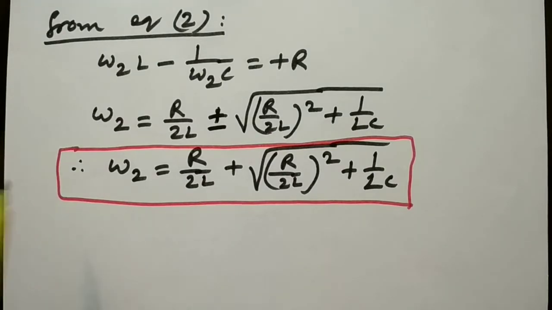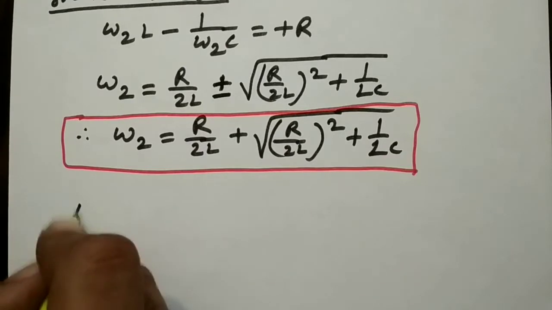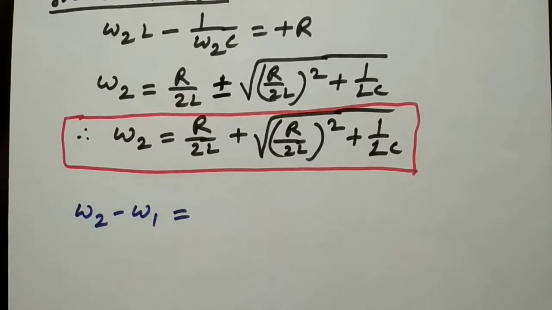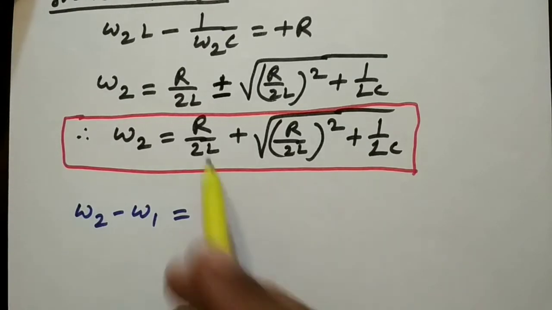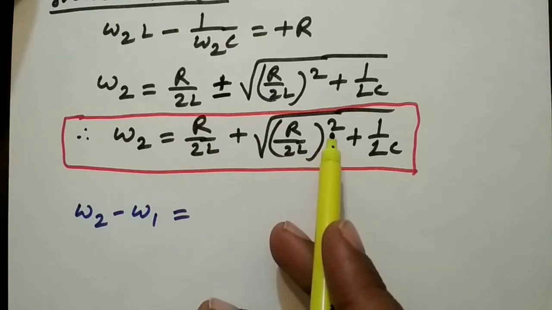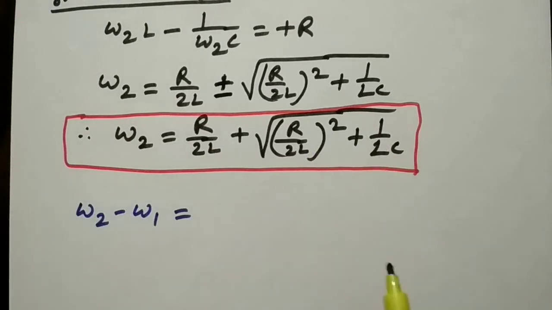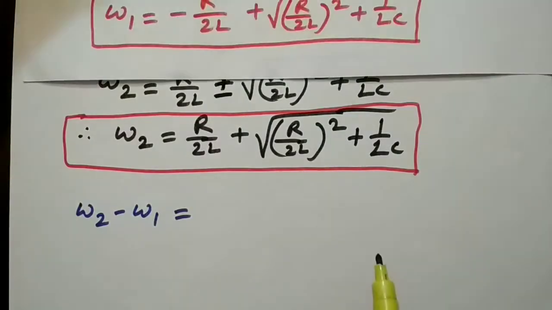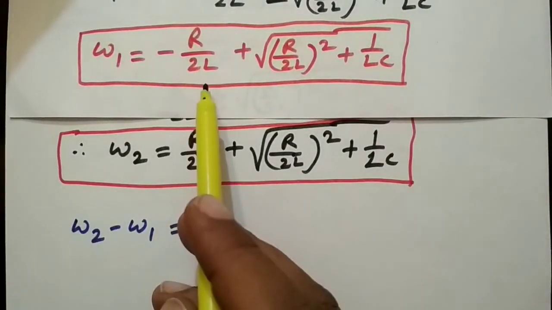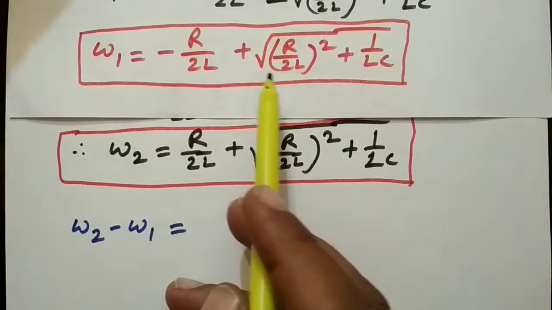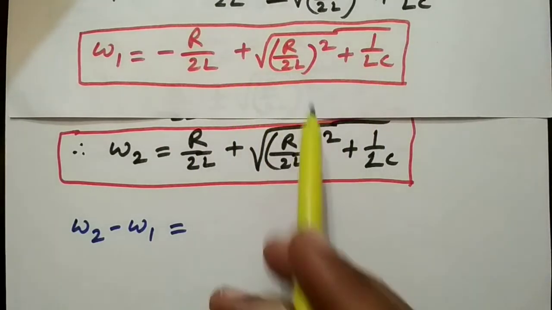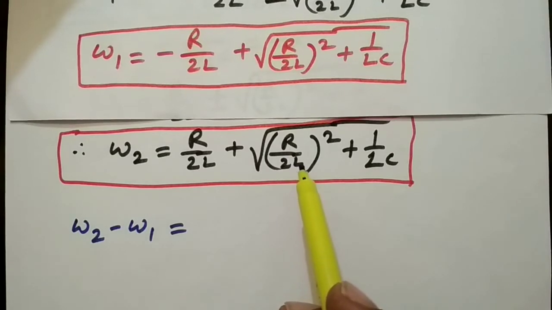Now find omega 2 minus omega 1. So the omega 2 is R by 2L plus square root of R by 2L whole square plus 1 by LC. Whereas the value of omega 1 is minus R by 2L plus square root of R by 2L whole square plus 1 by LC. So the second term is similar.